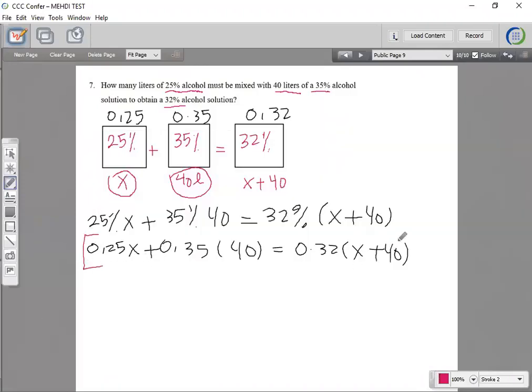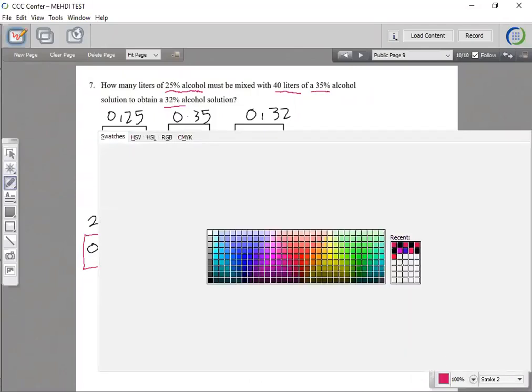Multiply each term by what factor here to eliminate the decimal? You have 2 digits after the decimal point, right? So 100, right? If I multiply each term by 100, then I can eliminate the decimal.